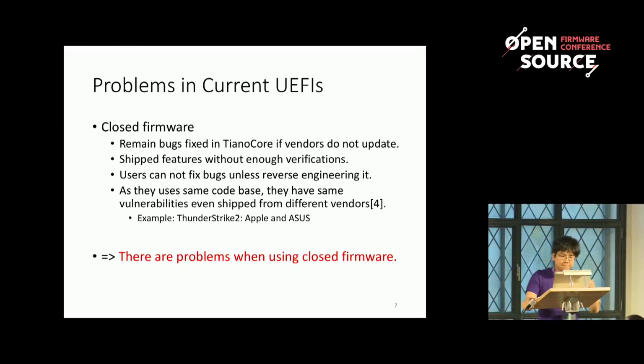And most closed firmware uses the Tiano Core code base, so they have the same vulnerabilities even when shipped from different vendors. This is an example of Thunderstrike 2, which was discovered by Trammell Hudson. So I think there is a problem when we use closed firmware.